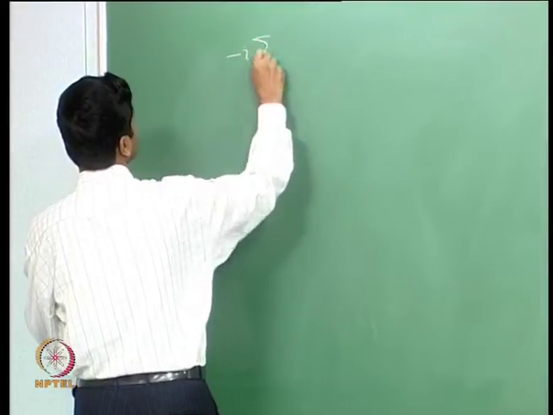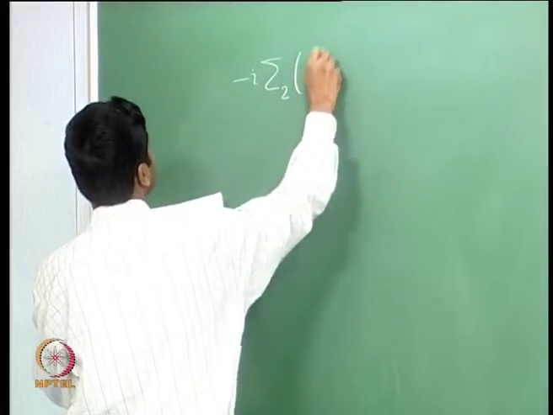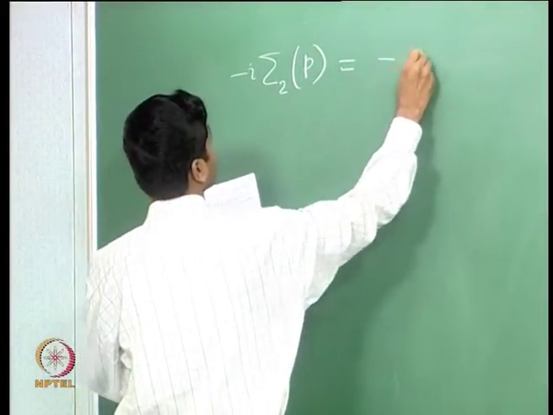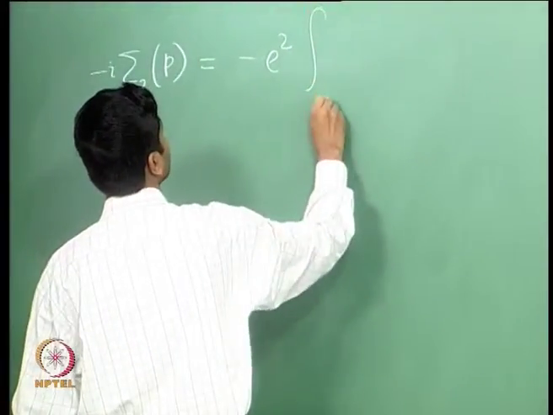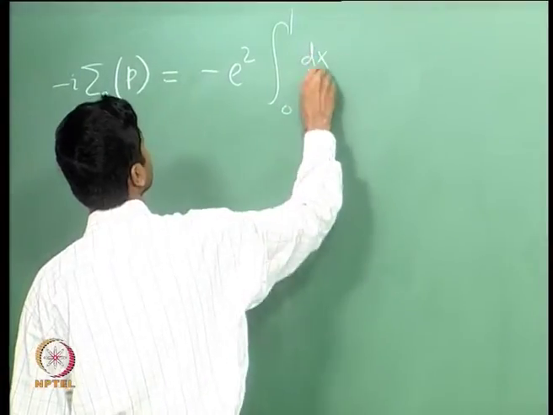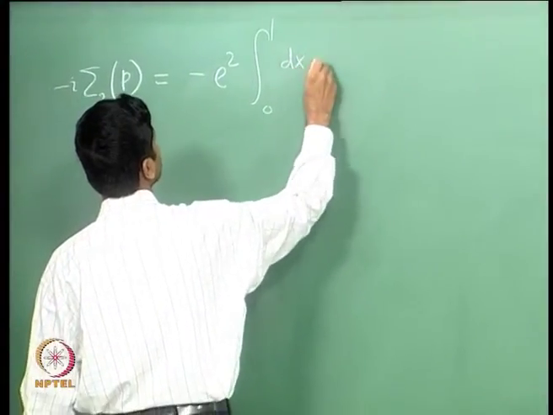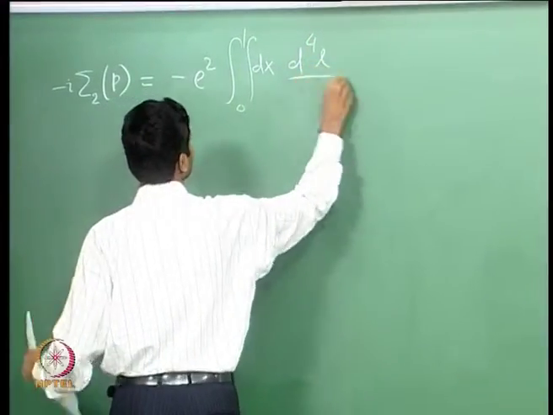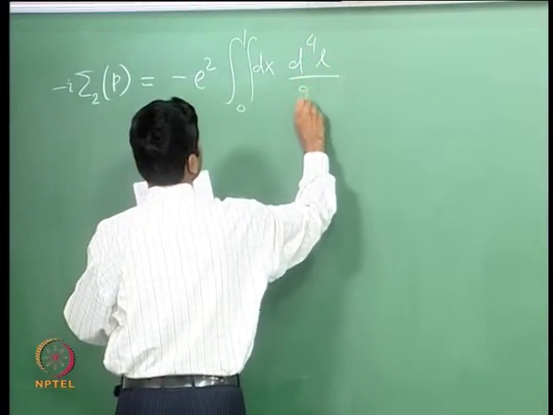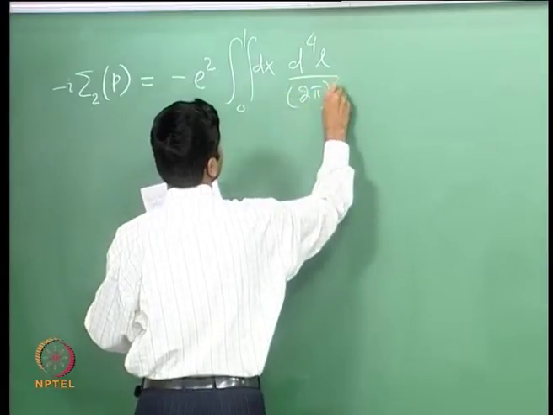minus i sigma 2 of p is equal to minus e square, integral from 0 to 1 dx, and also integration over d 4 L divided by 2 pi to the power 4.